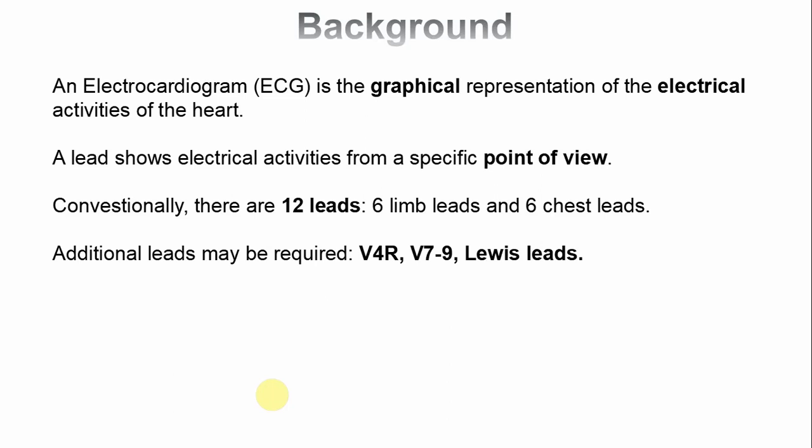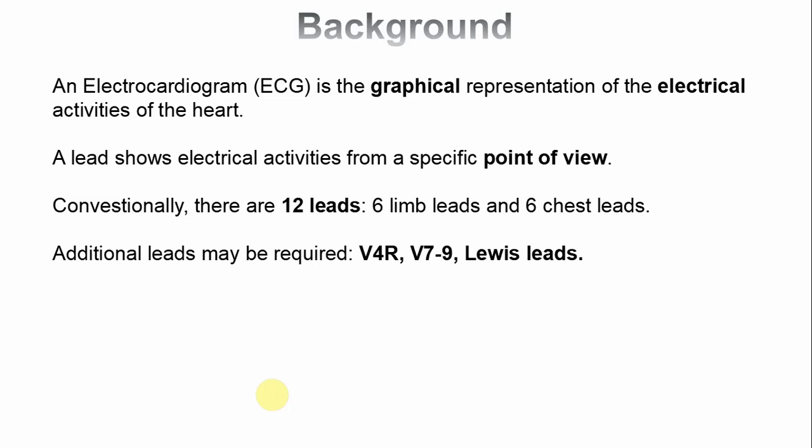Normally, there are 6 limb leads as I have shown you, and also there are 6 chest leads. If required, we can do some other leads, for example, V4R, if we are concerned about the right side of the heart. If we want to see what is happening to the back of the heart, to the posterior aspect, then we can do V7, V8, and V9. If we want to see what is happening to the atria, like in case of atrial fibrillation, atrial flutter, or in case of ventricular tachycardia or VT, we can do a special lead which is called the Lewis leads.